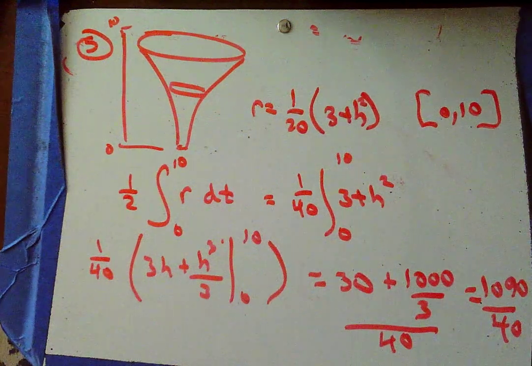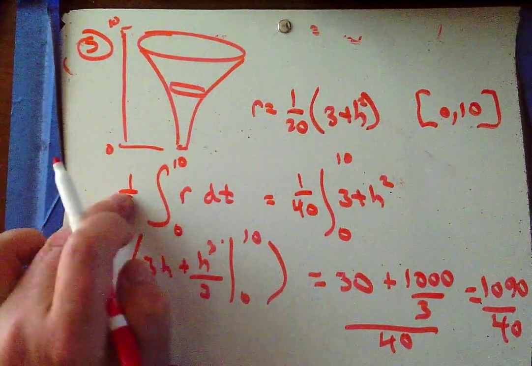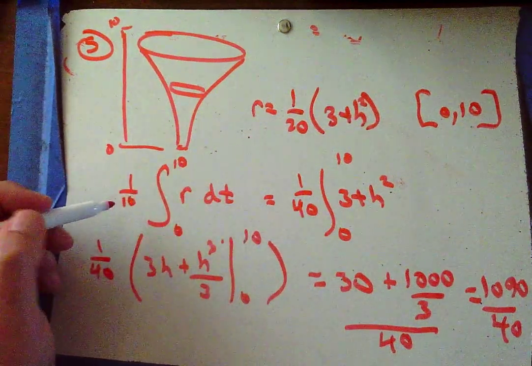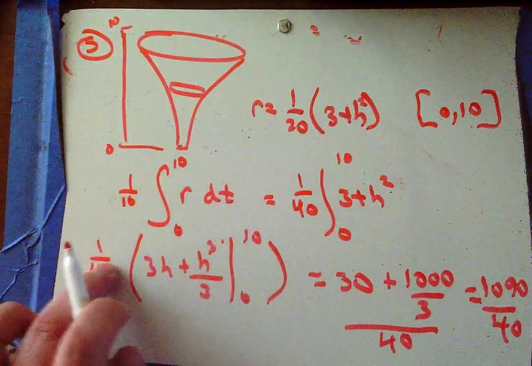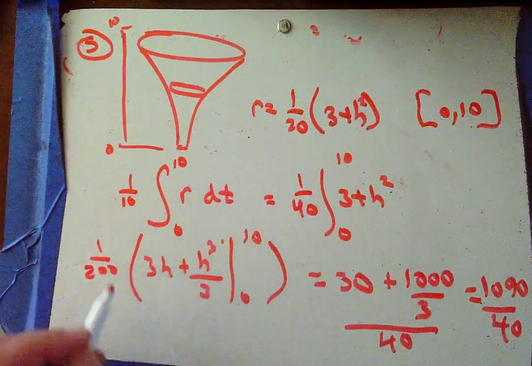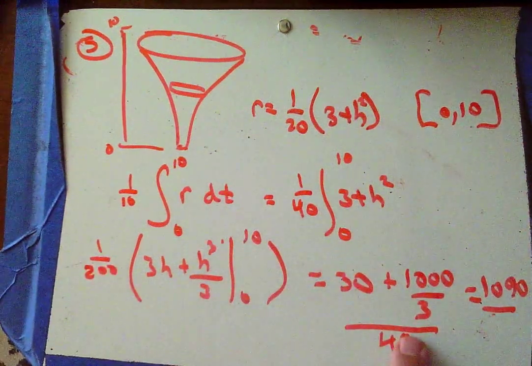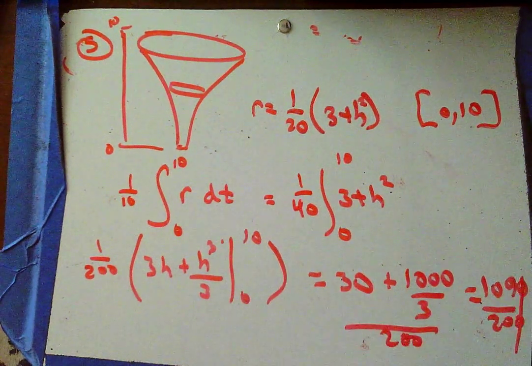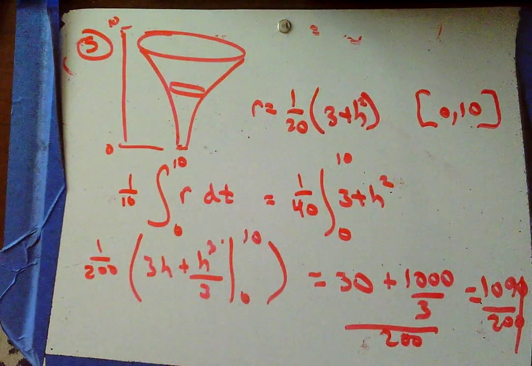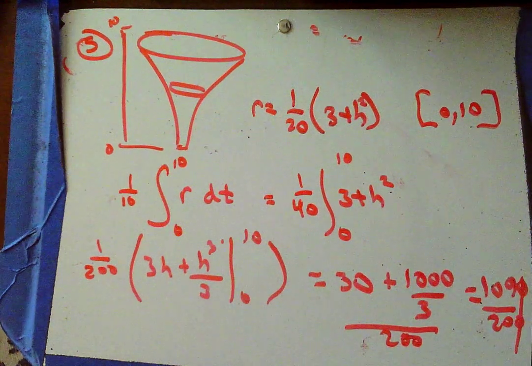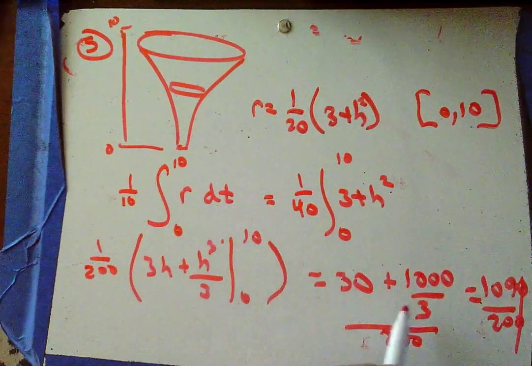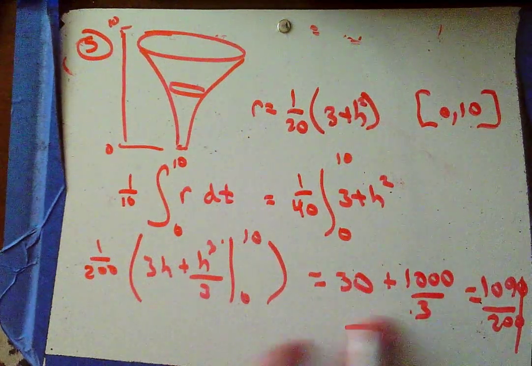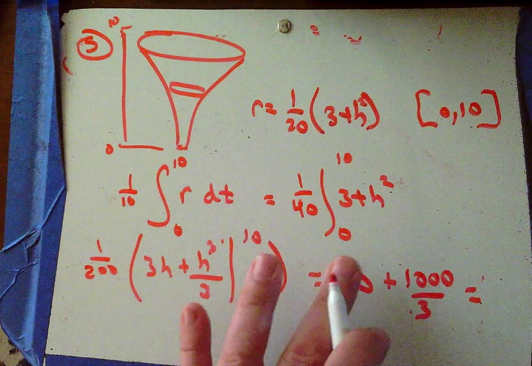Oh, average value. I'm such a goon. 1 over b minus a. 10. 10 times 20 is 200. And so that's going to change this number. 200, 200. And so I get 109 over 60. Oh, this 3 here. I am Mr. Going Too Fast. Okay.